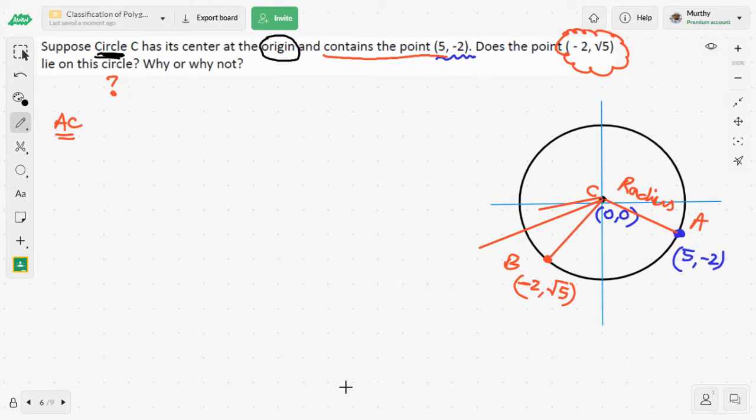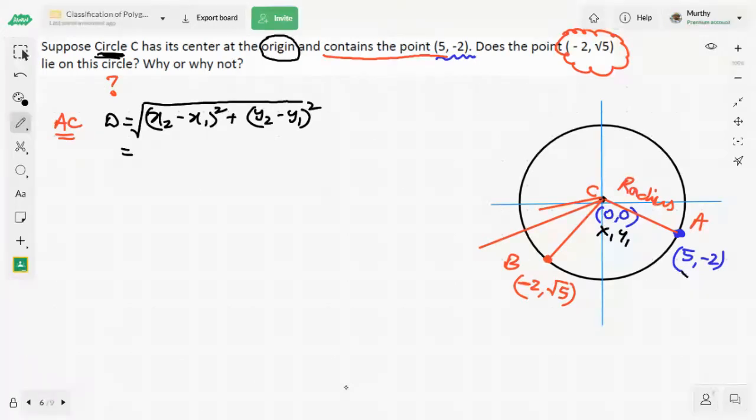So the length of AC, let me use the distance formula, which is the square root of (x2 minus x1) whole square plus (y2 minus y1) whole square. Let me take this as x1, y1, and this as x2, y2.